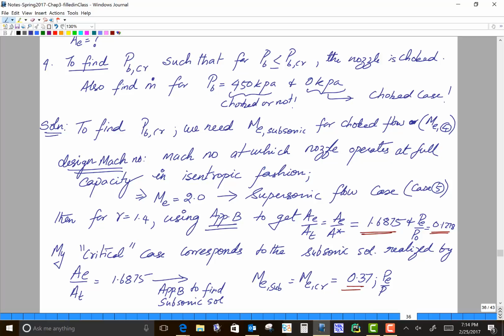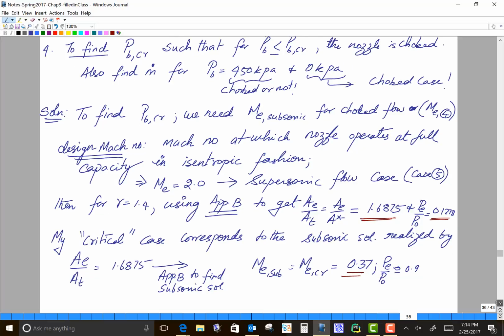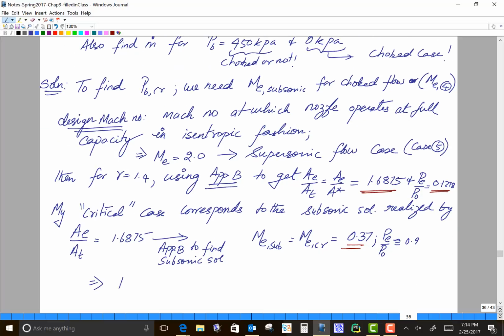And my PE by P naught for this case is going to be approximately 0.9. So my PE subsonic choked equals 0.9 times P naught.